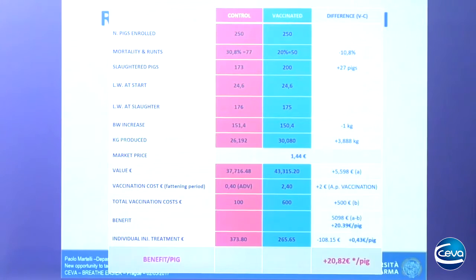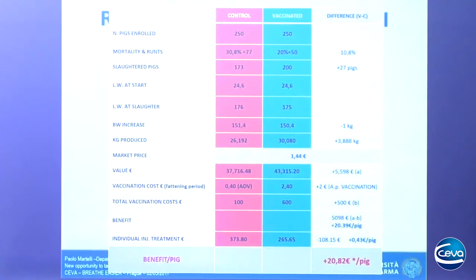And the kg produced in total in the two groups. The market price of the pig at that moment, live weight in Italy, okay. I mean, you know that in Italy the market price at slaughterhouse is based on the live weight of the pigs, and it was 145 the week when we slaughtered the pigs.